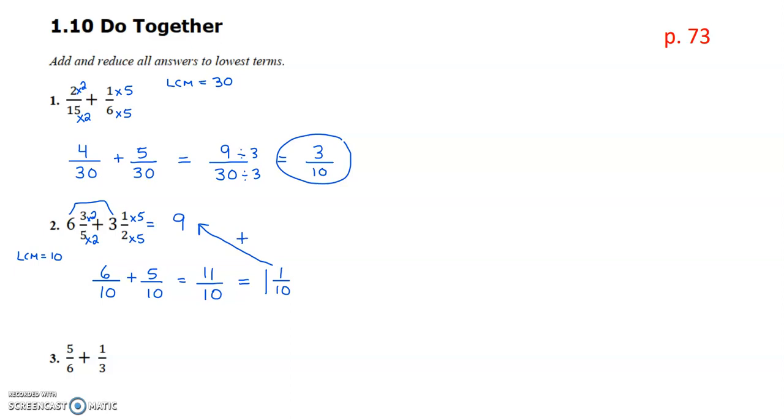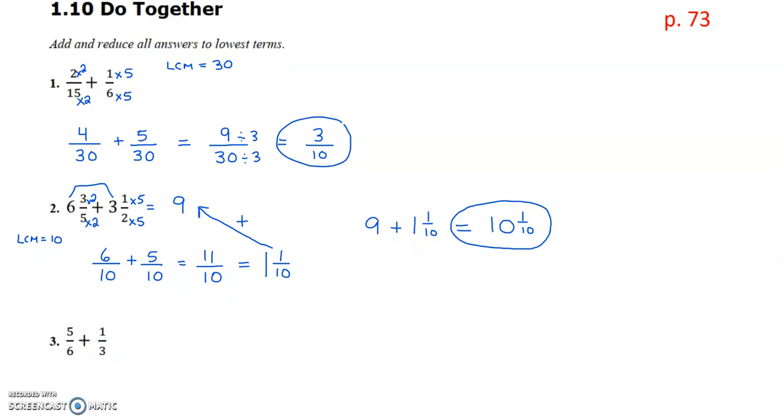So we're going to add those two together now. So we're going to add 9 plus the 1 and the 1/10. Just to write that a bit more clearly, 9 plus 1 and 1/10. My final answer is going to be 10 and 1/10. So 6 3/5 plus 3 1/2 gives me 10 and 1/10.